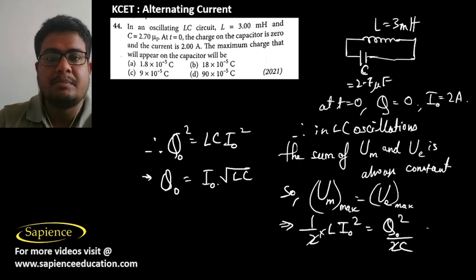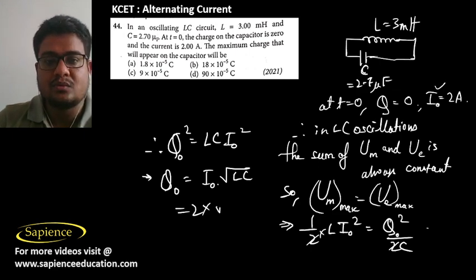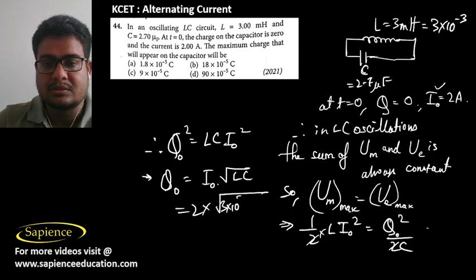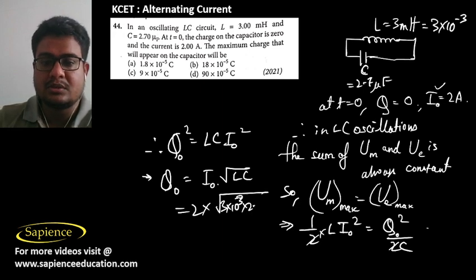So the maximum current in the inductor is 2 ampere, so 2 ampere into root over L, that is equal to 3 millihenry, which is 3 into 10 power minus 3, into the capacitance, that is 2.7 into 10 power minus 6.